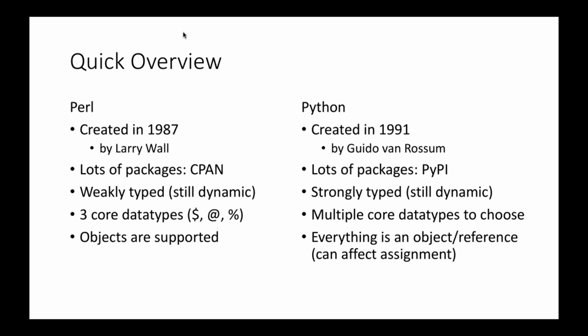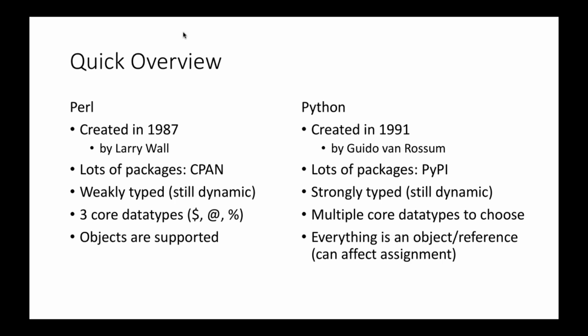So these are fantastic languages to do. They are dynamically typed languages, so they're really easy to do. Perl is a little bit more happy-go-lucky, weakly typed, everything goes. Python's a little stricter with you. It remembers that you've given it a type and helps you. And a lot of people like that, and we'll talk about some pros and cons for you guys to think about what language to choose.